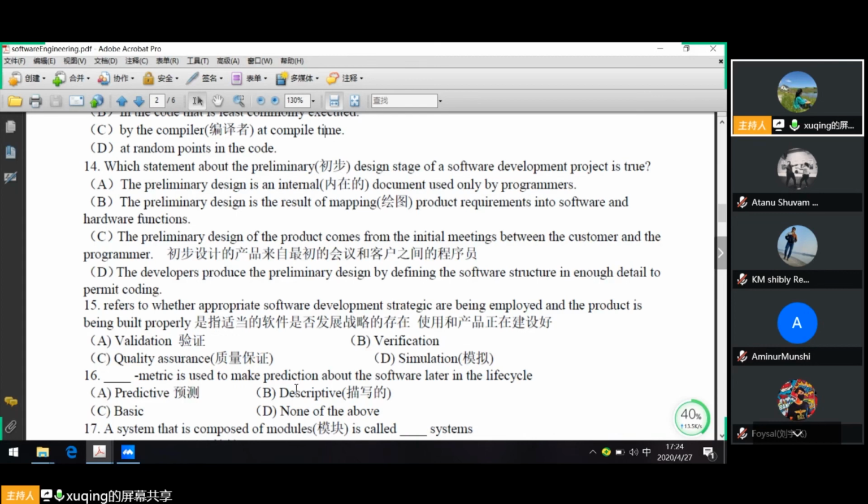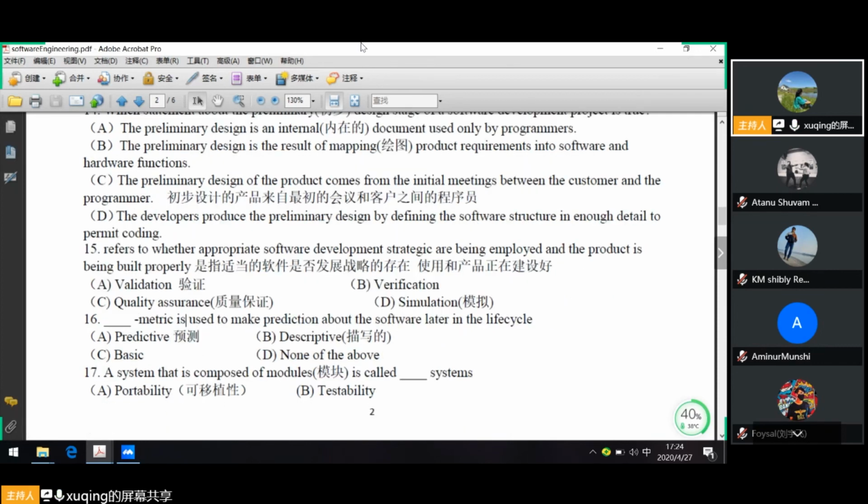And then for exercise 16, what's your idea about this one? 16A? Okay, and others? Okay, we'll not wait anymore. Yeah, the 16 is A. Predictive metric is used to make prediction about the software later in the life cycle. And for 17th, okay, thank you, Kaya and Ramnak.